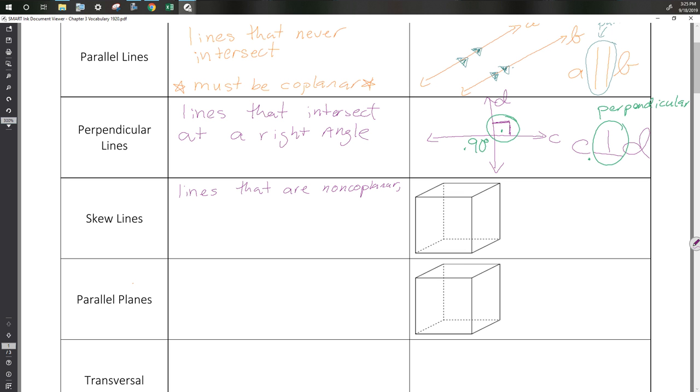The second thing we know about them is that they are not parallel. Which, if they're not coplanar, then they can't be parallel, because in order to be parallel, they have to be on the same plane, which we talked about when we talked about parallel lines. And then the last thing that you know about them is that they do not intersect.